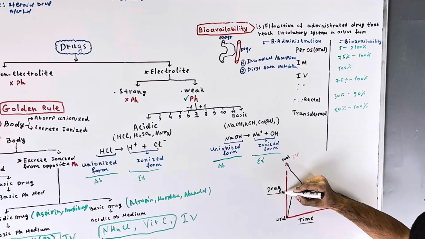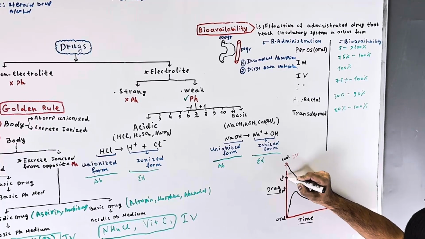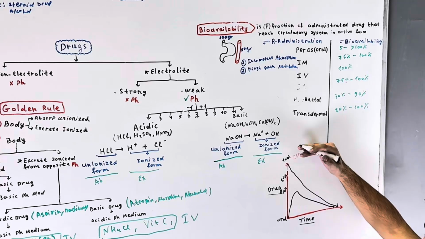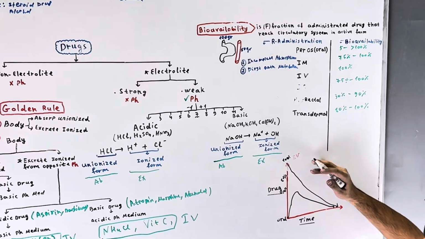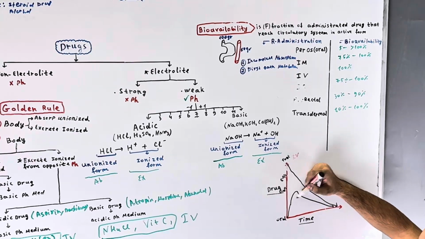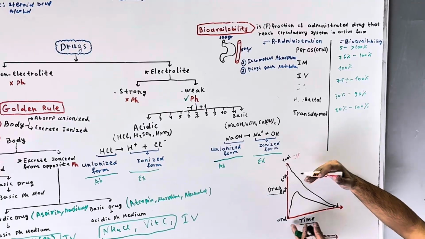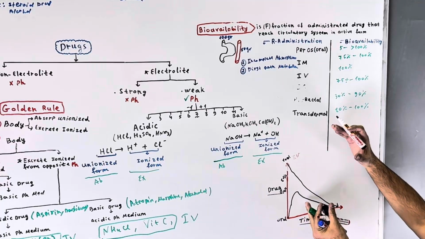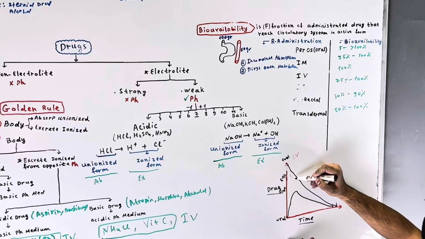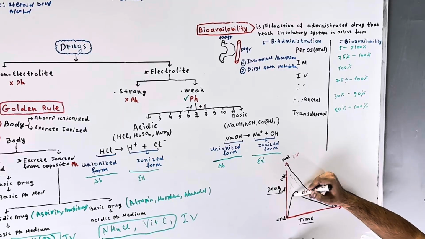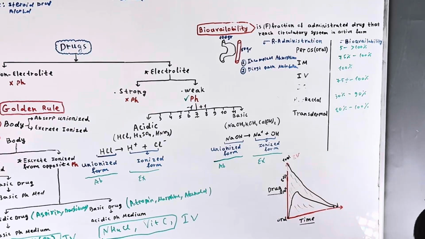It can be 50, or it can go to 80%, but it never reaches 100%. So this curve forms the oral bioavailability. The area under the curve is called the bioavailability for oral types of administration.